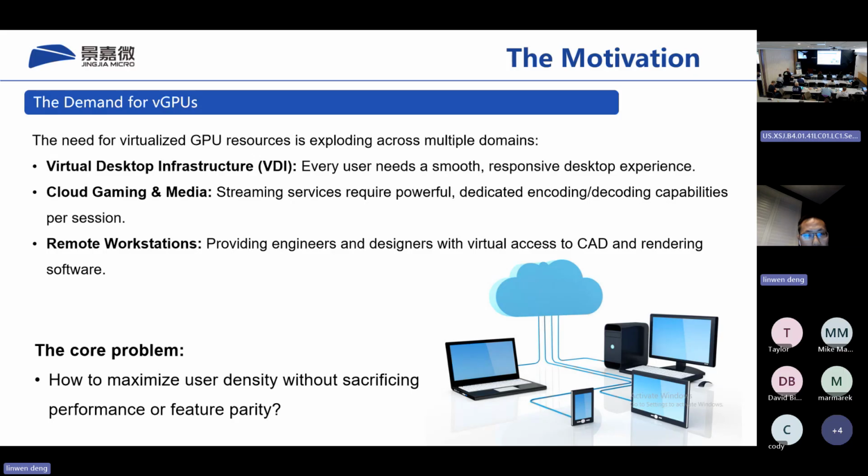The core challenge is how to maximize the number of users a single physical GPU can support without sacrificing performance or features.